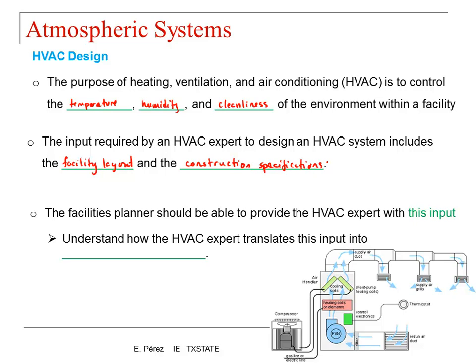The construction specification also tells the HVAC expert where the sun is going to hit the facility, so they can plan where to put the ducts and where to put the sensors to turn the system on and off, and so on. The facilities planner should be able to provide the HVAC expert with this input. Understand how the HVAC expert translates this input into the HVAC requirements.